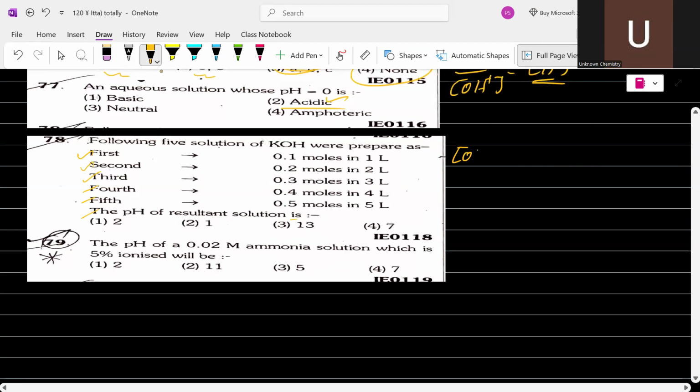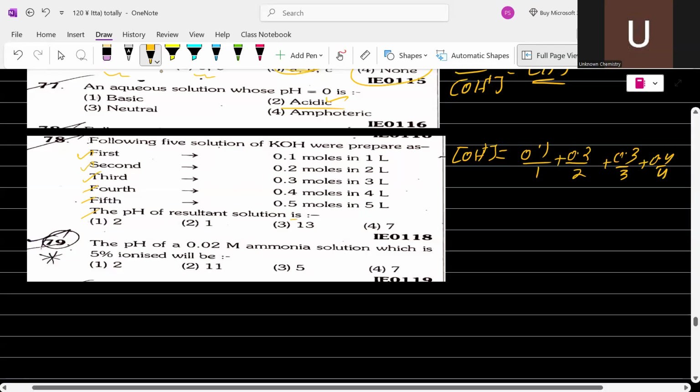So let's find out the total concentration of OH minus. 0.1 divided by 1 plus 0.2 divided by 2 plus 0.3 divided by 3 plus 0.4 divided by 4 and 0.5 divided by 5. So it is 0.1 plus 0.1 plus 0.1 plus 0.1 plus 0.1, 1, 2, 3, 4, 5. So 0.5, the OH concentration is 5 into 10 raised to power minus 1.